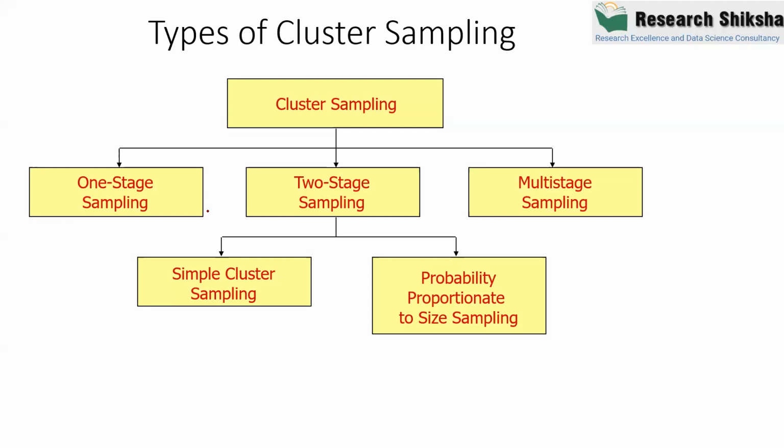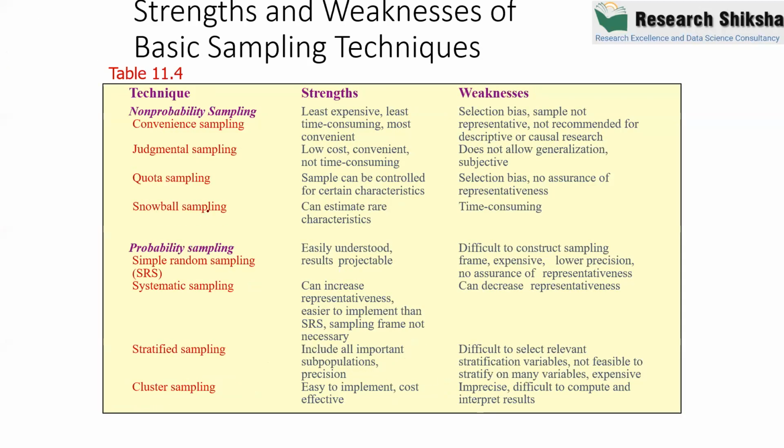Like first of all, we go for cluster sampling, and within cluster sampling we can go for stratified sampling. So it is a kind of multi-stage sampling, right? So we are having different stages of the sampling. So these are the different strengths and weaknesses of the sampling techniques.